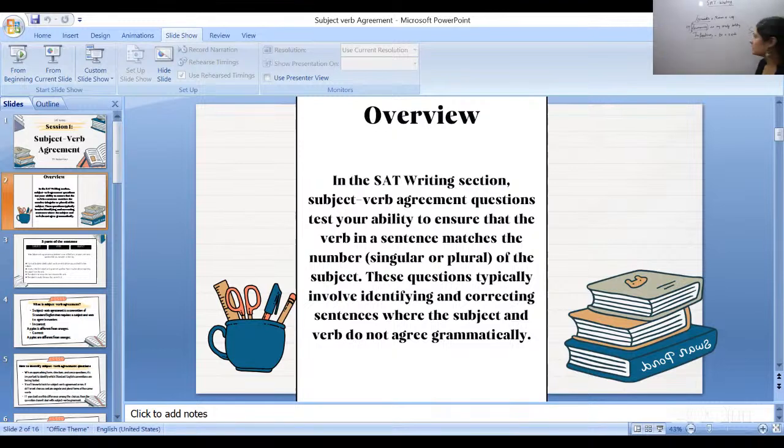Similarly, infinitives: if I say, I like to swim, tell me what is the subject over here? I is the subject, like is the verb, and to swim is the object.